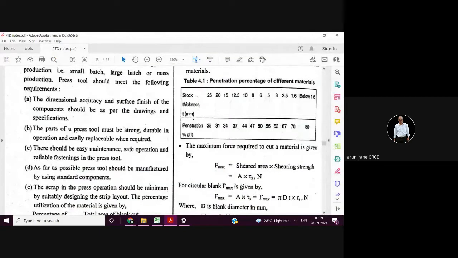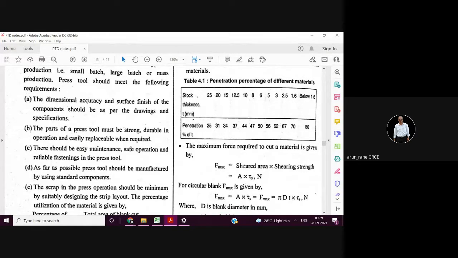By this relation, it is sheared area into shearing strength. It is not cross-sectional area. Cross-sectional area, if it is a circle, is calculated by pi r squared, and sheared area will be nothing but 2 pi r, that is circumference into thickness. That is the difference between sheared area and cross-sectional area.